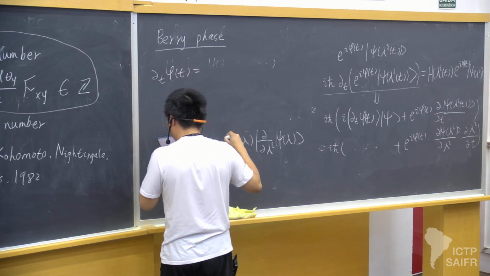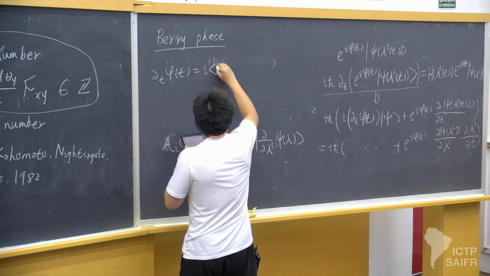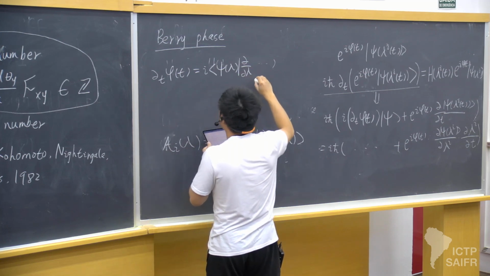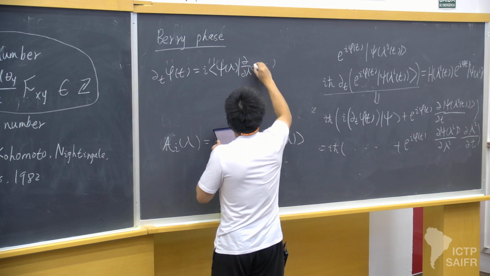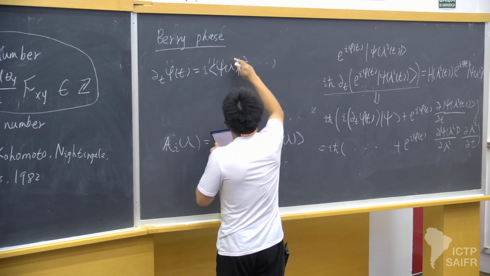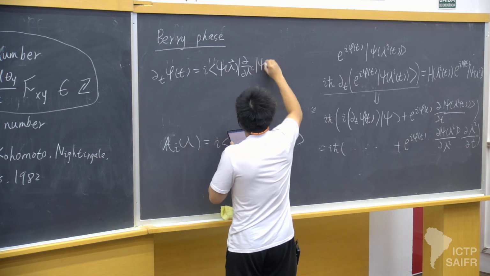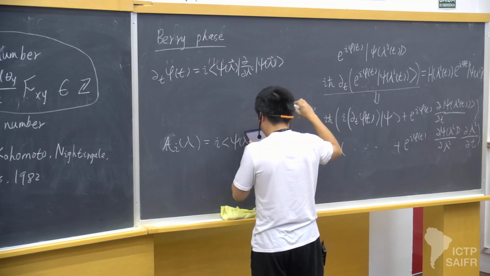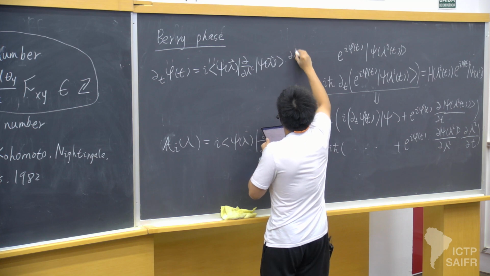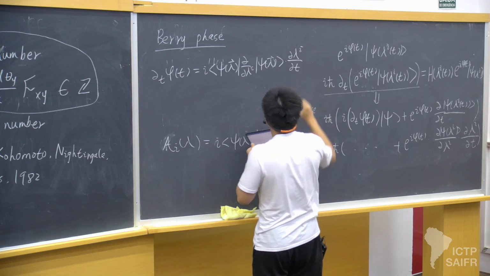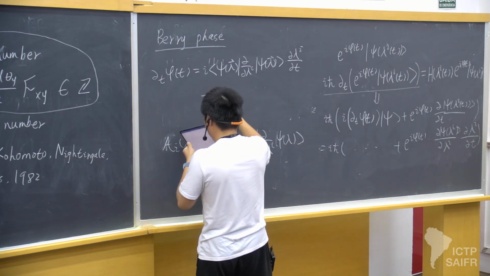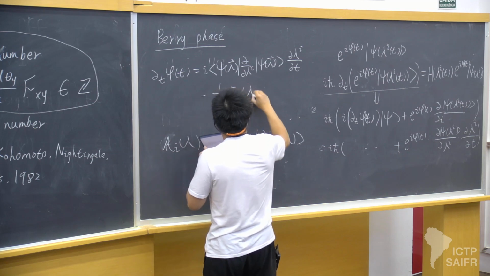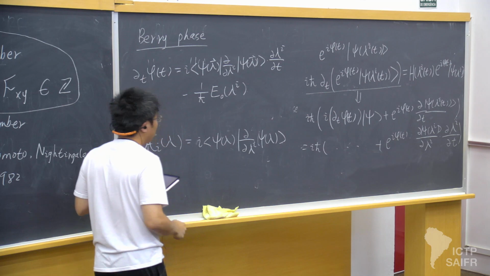This factor will be i phi lambda partial lambda i. That's what we will end up with.